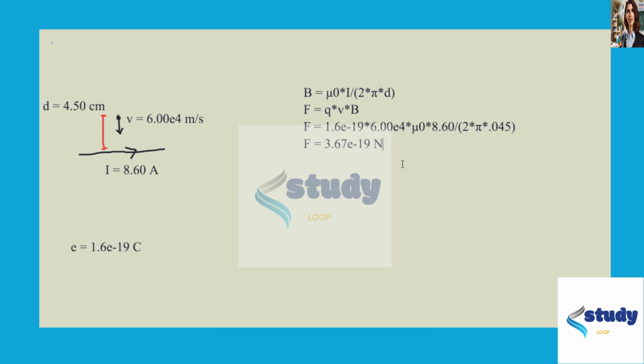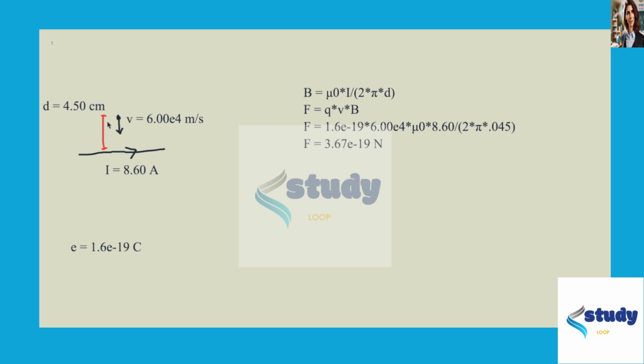So now we need to think about the direction. This is the magnitude. Again, we had the magnetic field pointing out of the page. So when we calculate the force, we need to take a cross product between v and B. So we're going to take the vector pointing down, which is the velocity, and do that cross B, which is pointing out of the page.